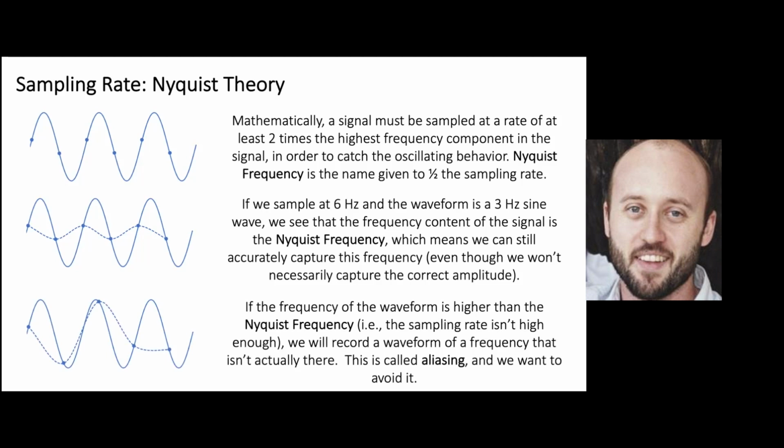So the solid line is what's truly happening in the system. The dotted line is what we're measuring, and it's not representative of what's truly happening. It's misleading, and it's a phenomenon that we call aliasing, because it's basically presenting to us in our data a fake frequency component that isn't actually there.